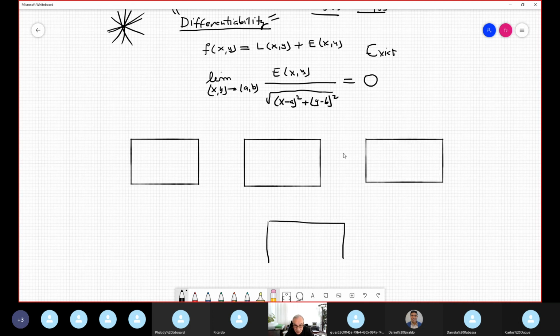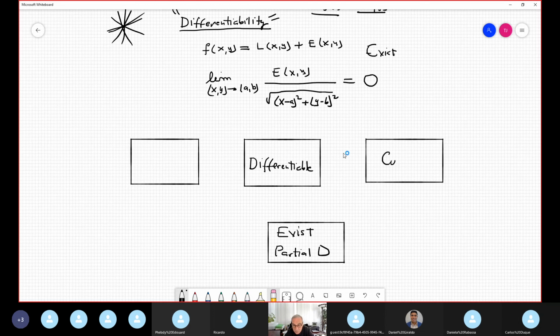It's totally different concepts. This is: there exists a partial derivative. This is differentiable. This is continuous. And this is the collection of any derivative in any direction.